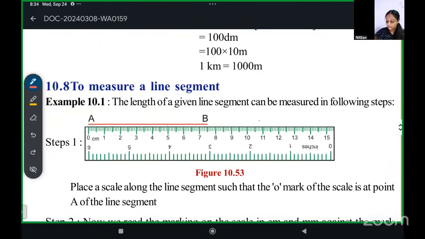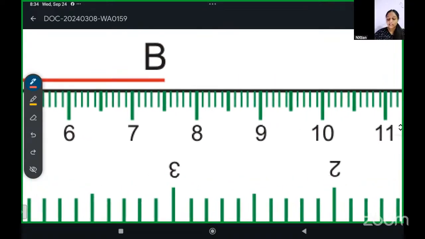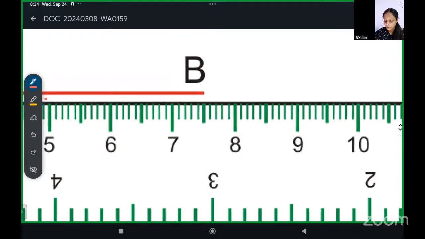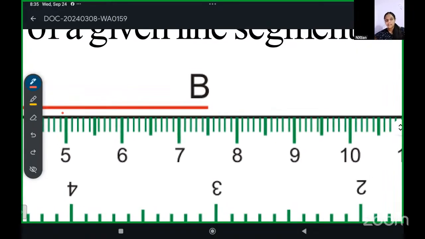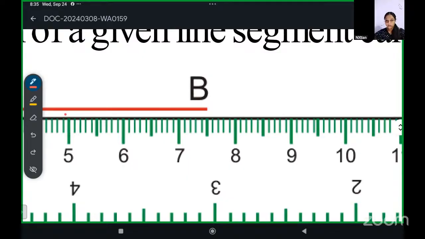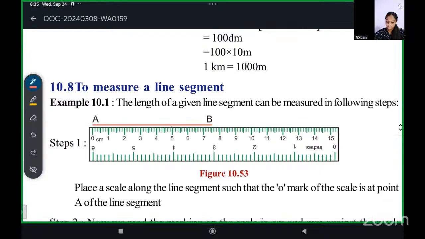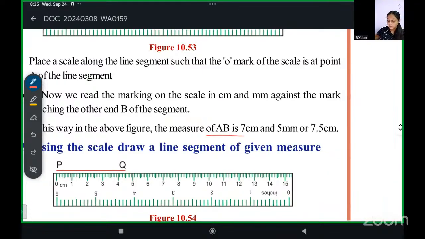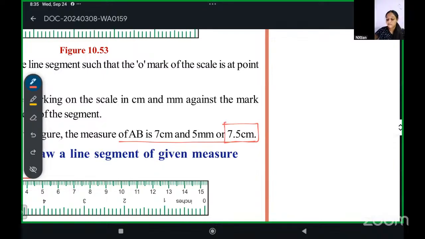You can see that after 7, count the small lines 1, 2, 3, 4, and the 5th line, the center line that is a little big, means that it is how much? 7.5 centimeter. So this line segment AB is 7 centimeter and 5 millimeter, or you can say 7.5 centimeter.